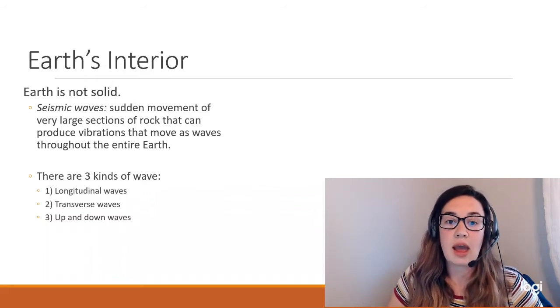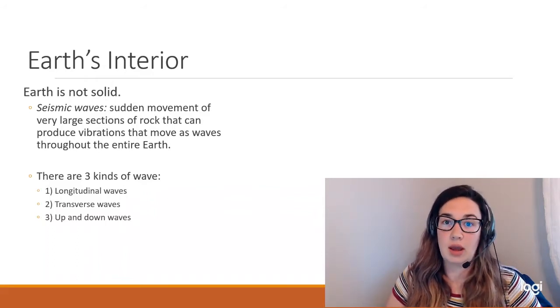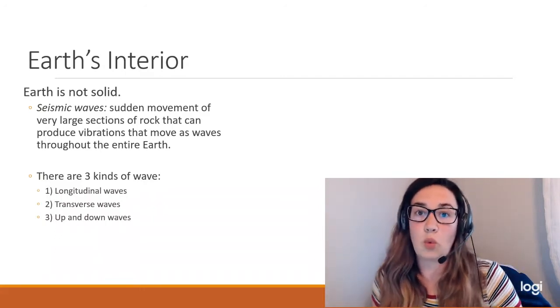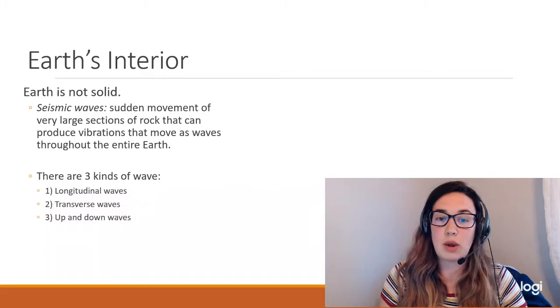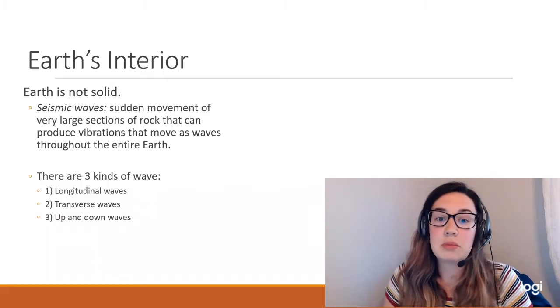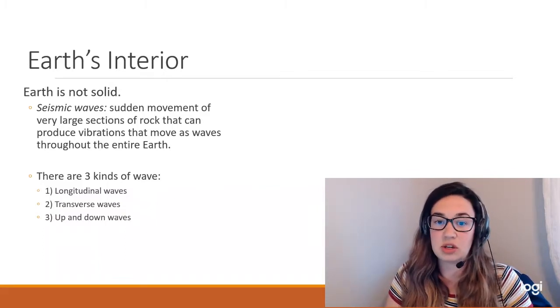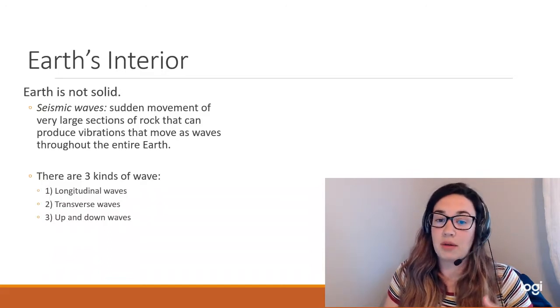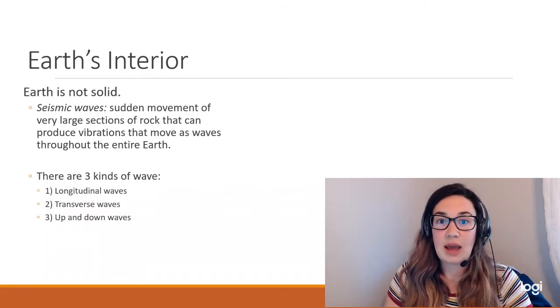We do have waves that are occurring within Earth, and these are called our seismic waves. And so what seismic waves are is they are sudden movement of large sections of rock. And these movements produce our vibrations that can move as waves throughout the entire Earth.